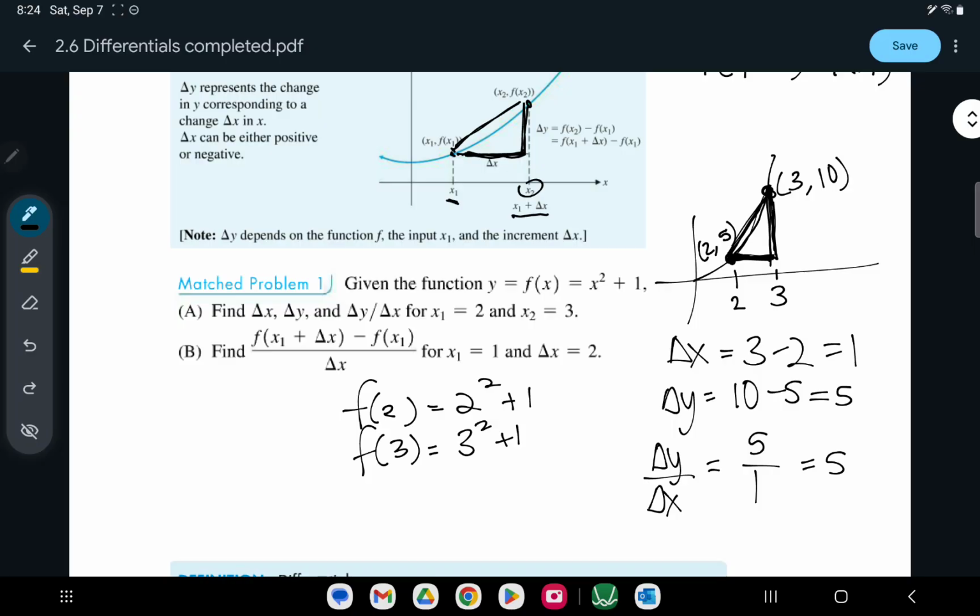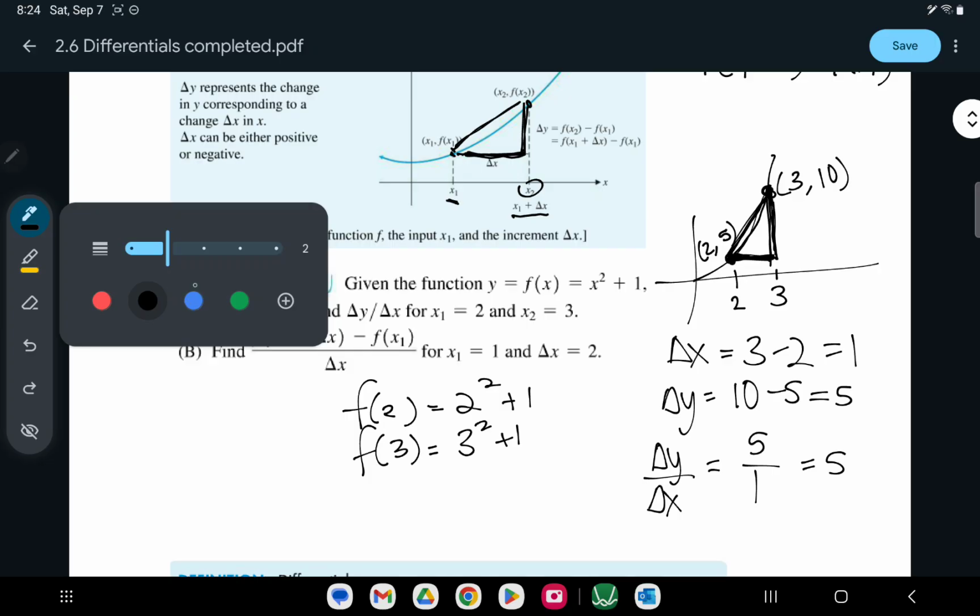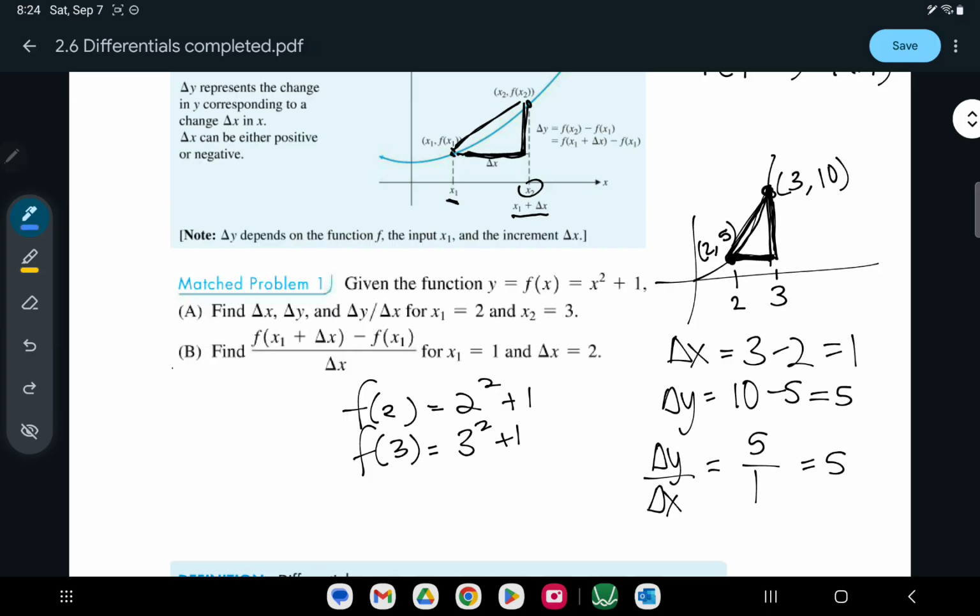All right. Part B says find f of x1 plus some change in x minus f of x1 all over the change in x. And I'll do it in another color. So x1 is 1.